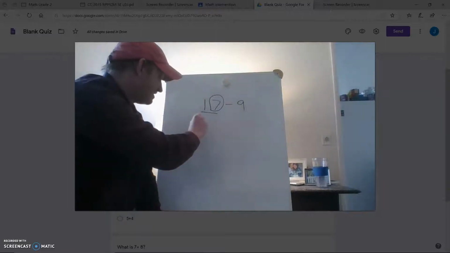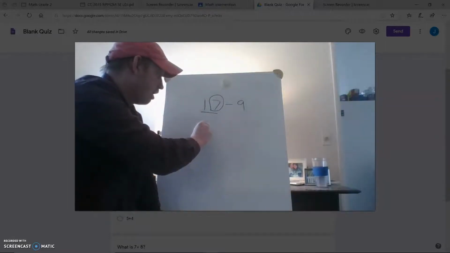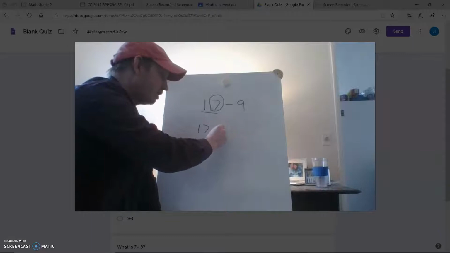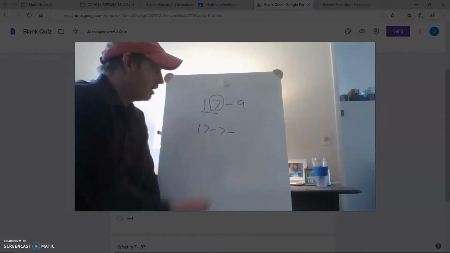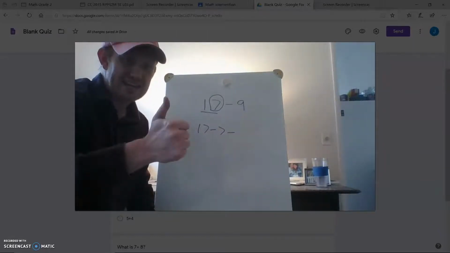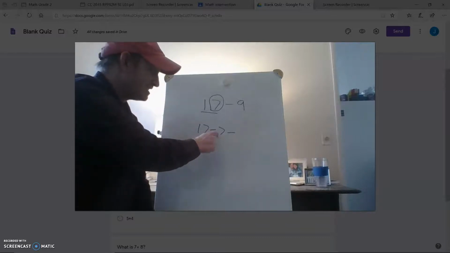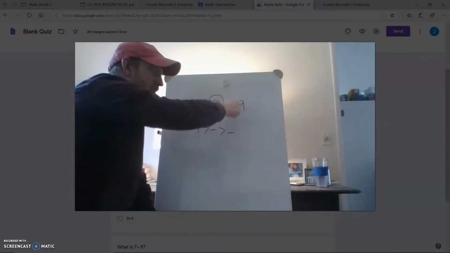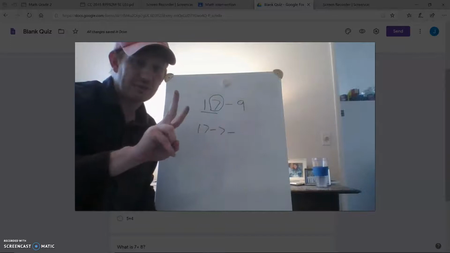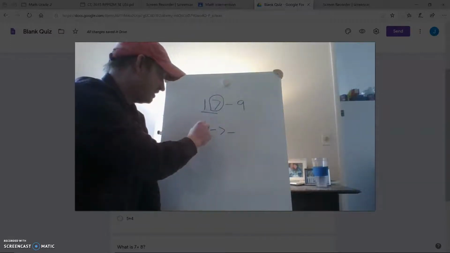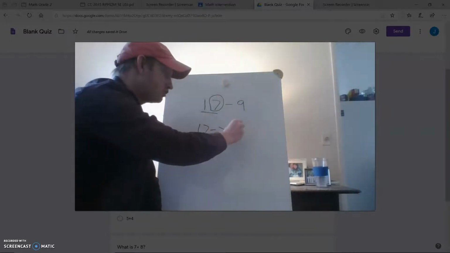So we know that it's 17 minus 7. Minus 7, 8, 9. So if I take away 7, but I'm supposed to take away 9, I'll have 2 left over. So it's 17 minus 7 minus 2.